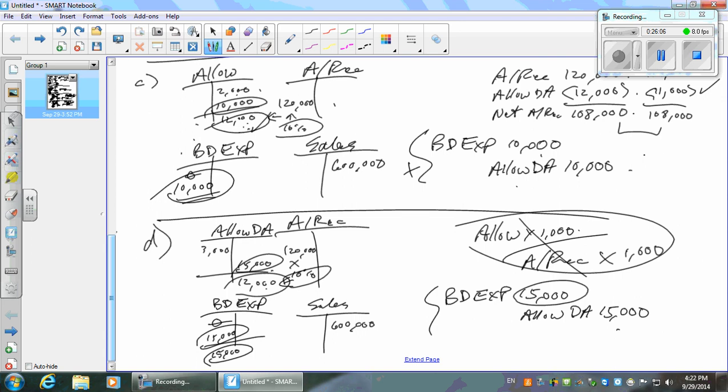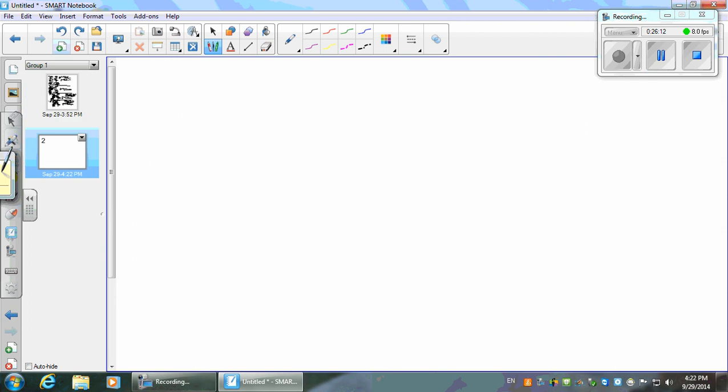Want to do number 3? Okay, on this one, it talks about ending inventories being messed up and what would be the impact on assets, liabilities, equity, revenue, expense.